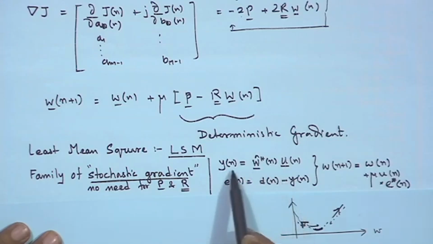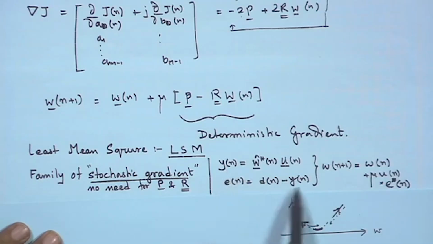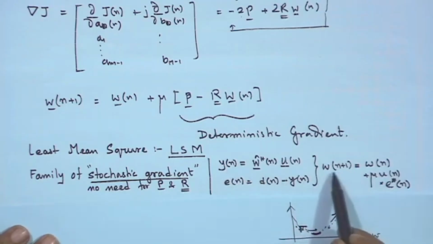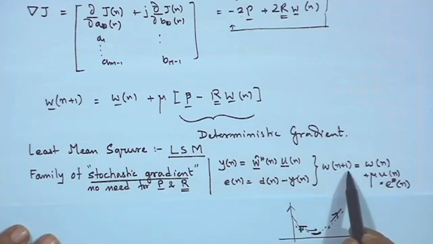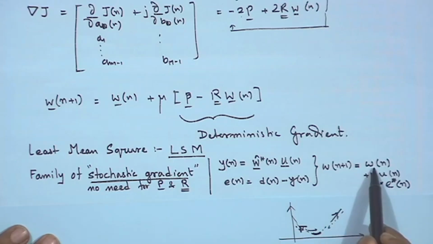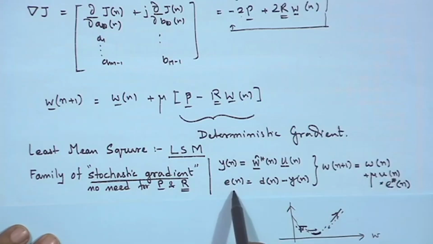We have been shifting between y n and d cap of n; this is the same thing. The filter taps in the next iteration are the filter taps in the prior iteration plus mu, that is the step size, times the input and the error which we have computed here.